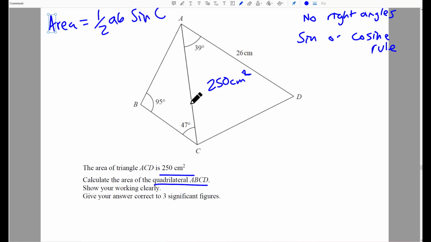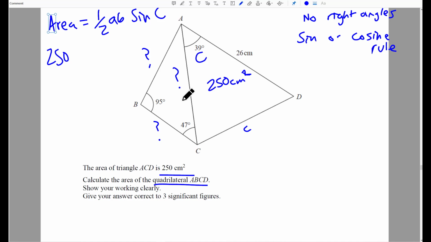Well, we need some lengths here, right? We need some of these lengths to do this, to help us out a bit. But they've given us this, so let's use this. That's 250. Now it's sine C, so if we're going to call this C, this is little c. Ignore the letters here, we can just label it ourselves.